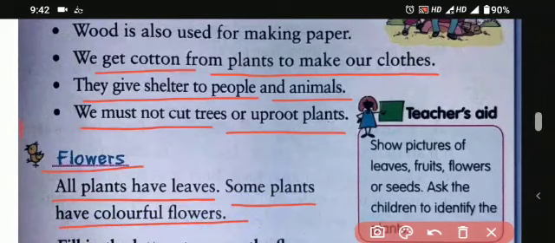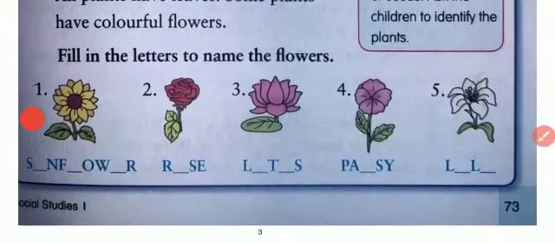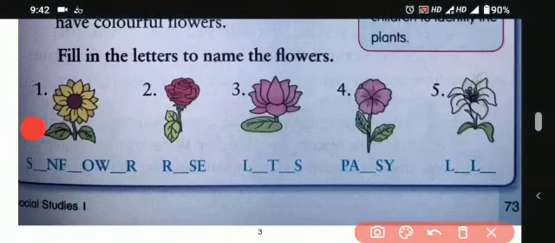As we can see in the picture given below, there are 5 different kinds of flowers. First is sunflower. The sunflower is grown in many gardens.